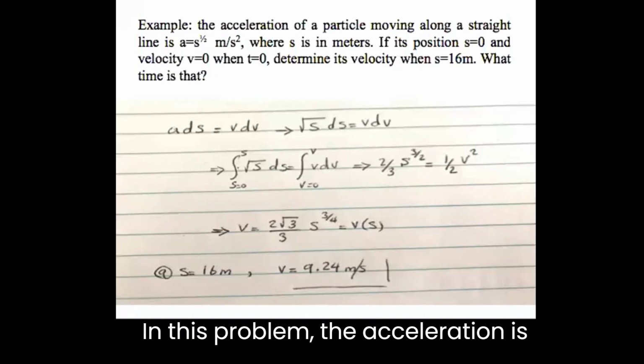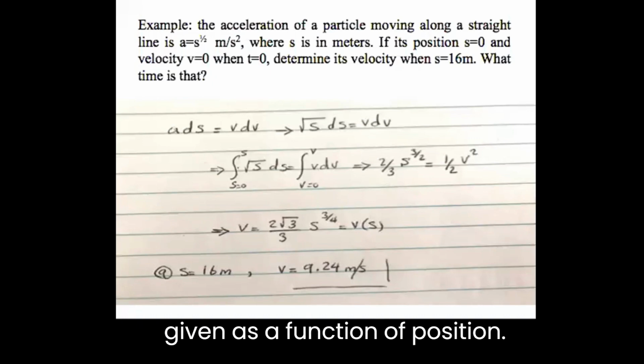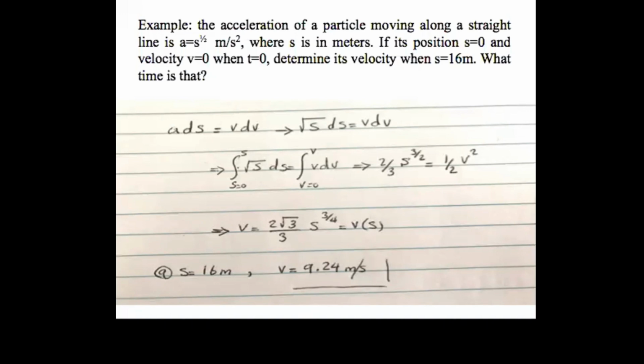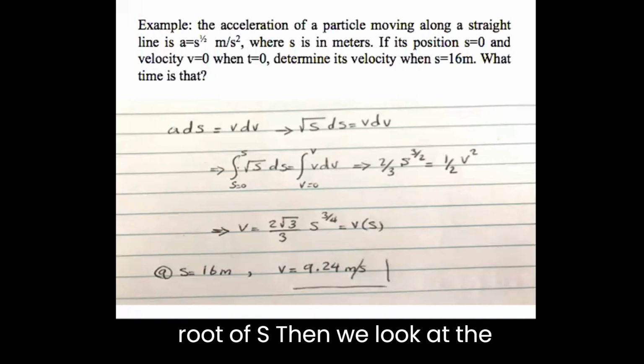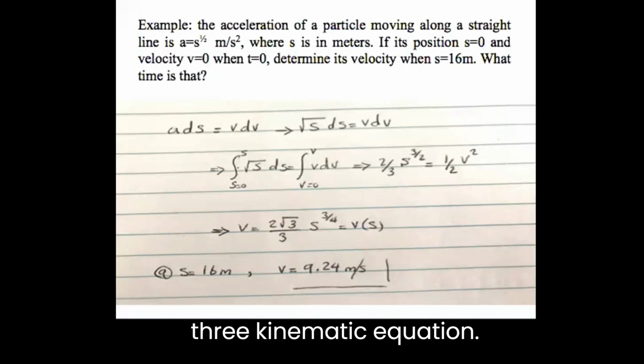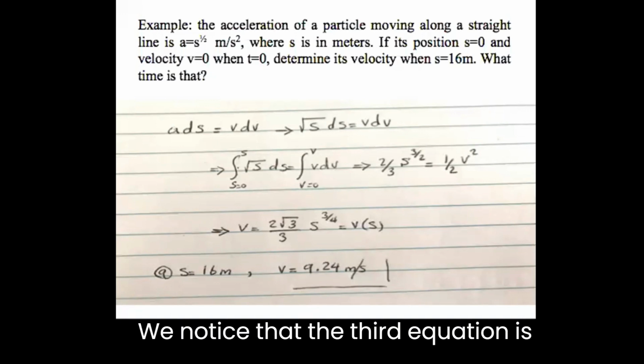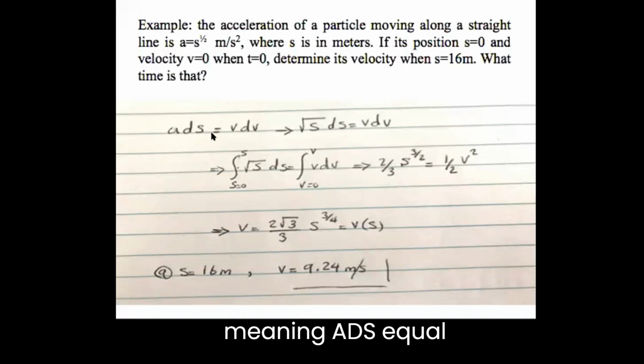In this problem, the acceleration is given as a function of position, not as a function of time, and a is equal to the square root of s. When we look at the three kinematic equations, we notice that the third equation, a ds equals v dv, is the one to use.